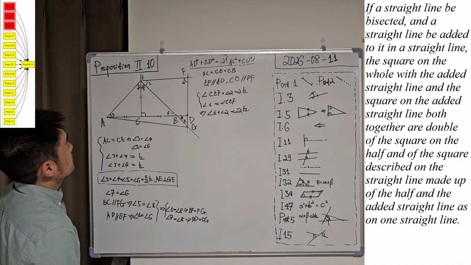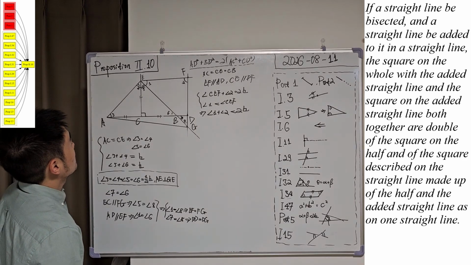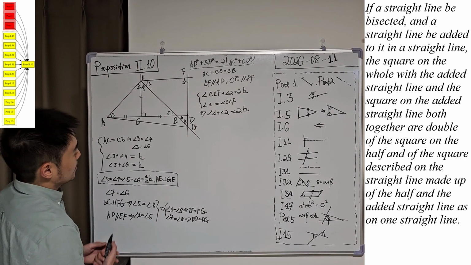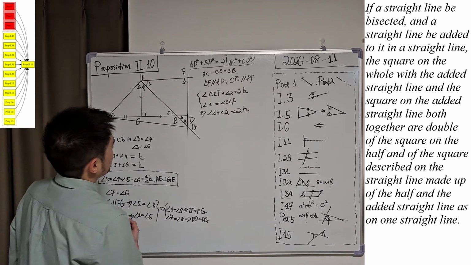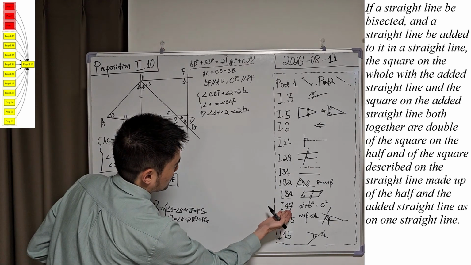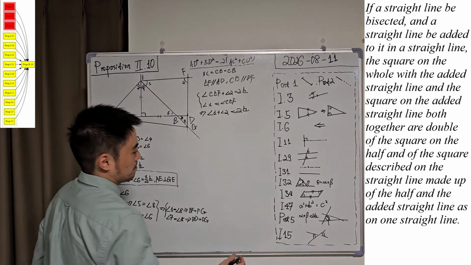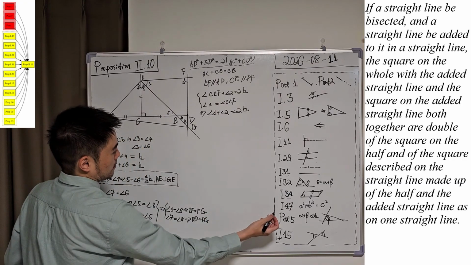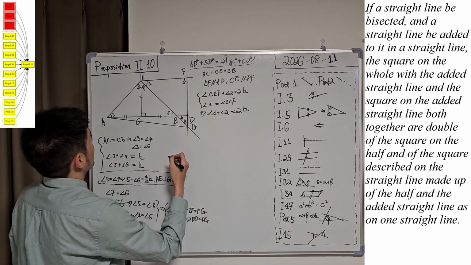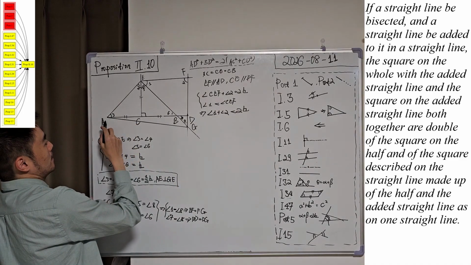Great. And let me check. Okay. So let us apply proposition 47, also known as the Pythagorean theorem. So in this triangle, have a look at ACE.